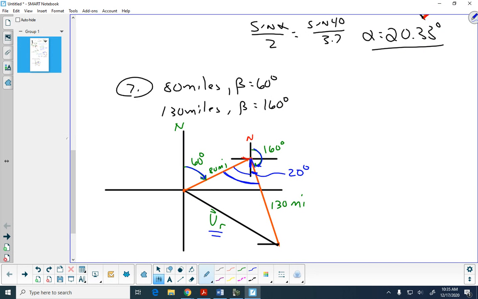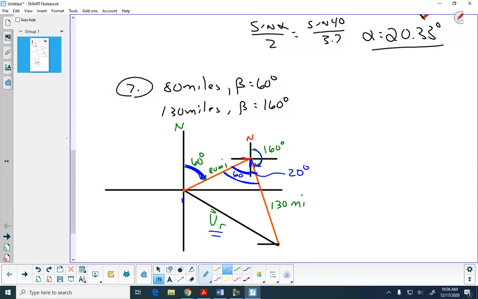If this is 60 degrees here, what is the measure of this angle right here? We have parallel lines here, we have a line here, we have a line here, and we have this angle here. We know this is 60. That's 60 degrees also, because we have, once again, those alternate interior angles. So we have 20 degrees with this piece here and 60 degrees here.